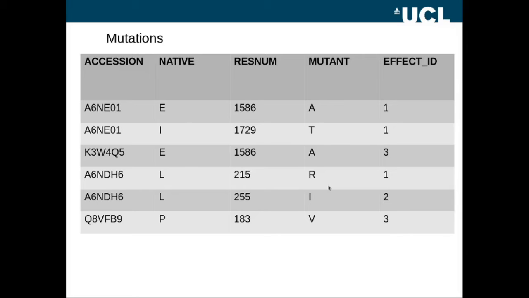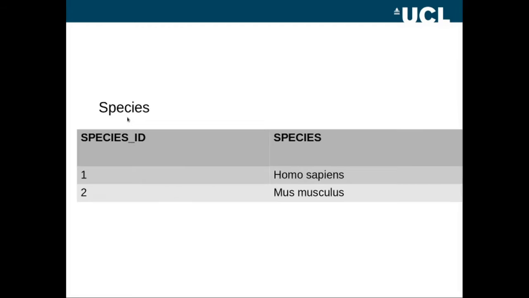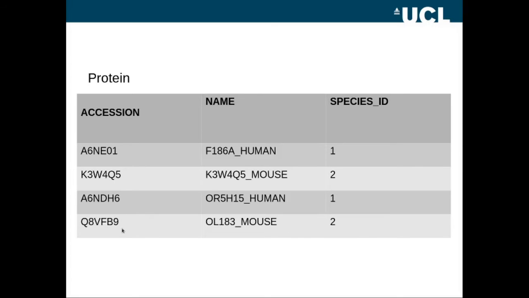The mutation table has the accession code of the protein. So if we go back to the proteins table, we're going to use this because this is a unique piece of information. We're going to use this as an identifier to identify a particular row in this table.